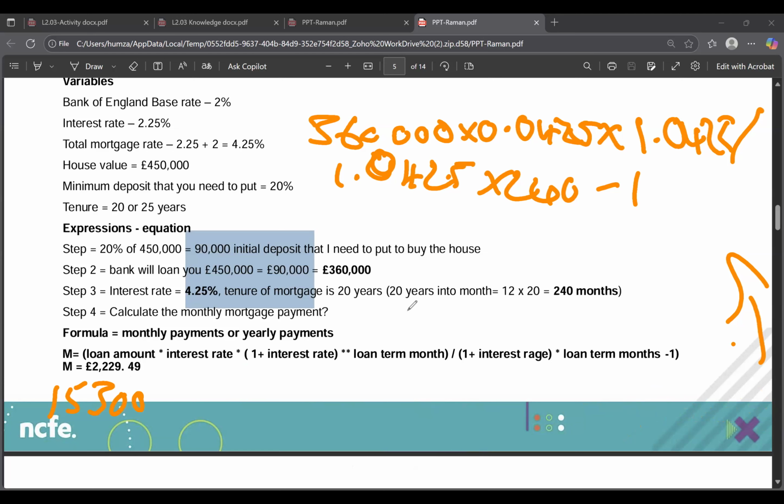Again, multiply that by, actually, we'll do it step by step.